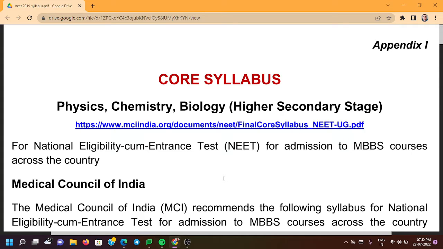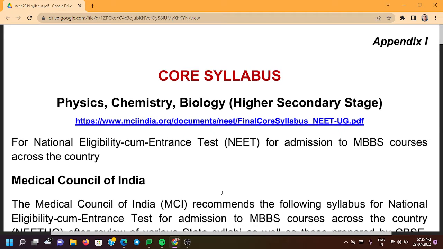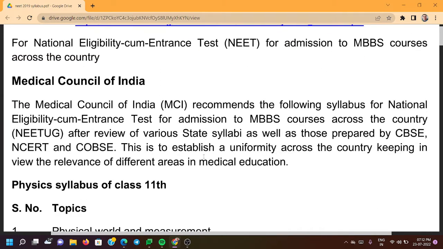Physics, Chemistry, Biology, Higher Secondary Stage for the National Eligibility cum Entrance Test, NEET, for admission to MBBS courses across the country. The Medical Council of India (MCI) recommends the following syllabus for the National Eligibility cum Entrance Test, NEET UG, for admission to MBBS courses across the country, after review of various state syllabi as well as those prepared by CBSE, NCERT, COBSE.